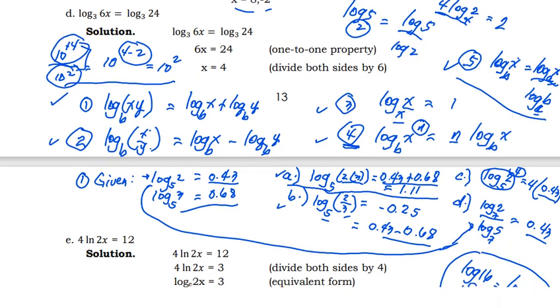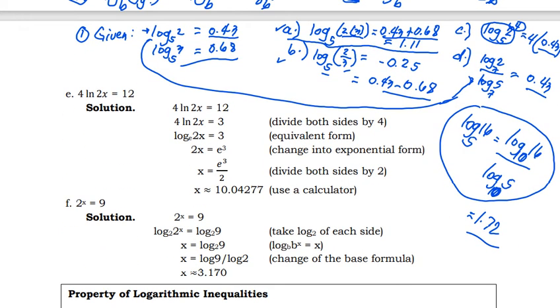And in letter E, for 4 ln of 2x equals 12, we know that 4 here is the numerical coefficient, and this could be an exponent. So therefore, we can divide this by 4, and therefore we have ln of 2x equals 3. Then we know that ln or natural logarithm is equivalent to log of base e.